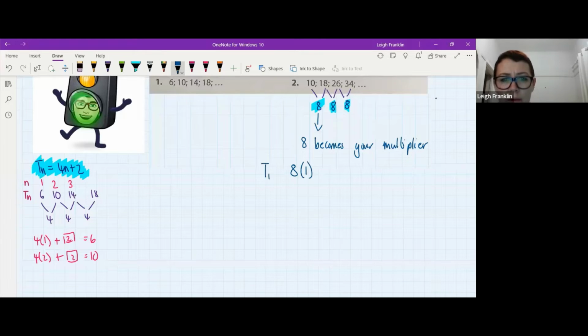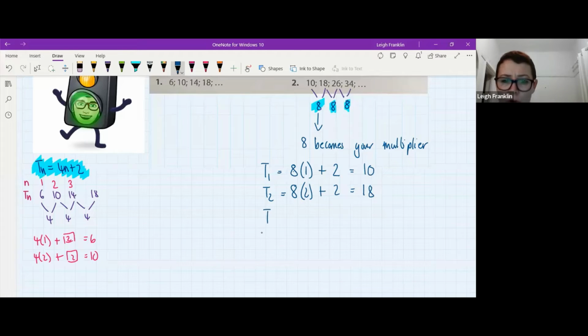So for term 1, we times it by 8, but we don't get 8 as our answer, we get 10 as our answer. So that means we've got to add 2 in order to get to 10. Okay, and when term 2 goes in, we take 8, we times it by 2, we get 16, we add 2, we get 18 out.